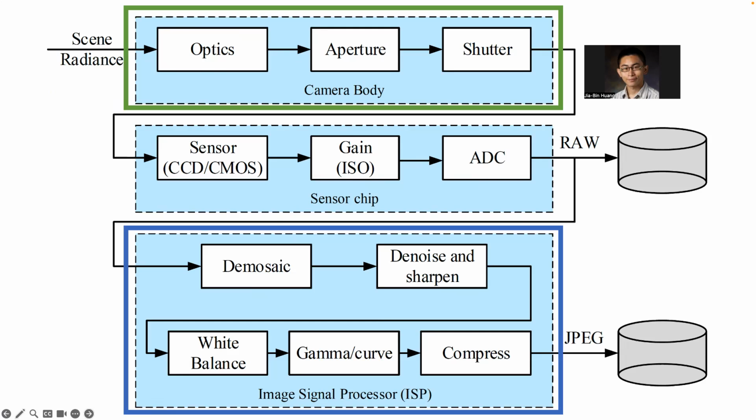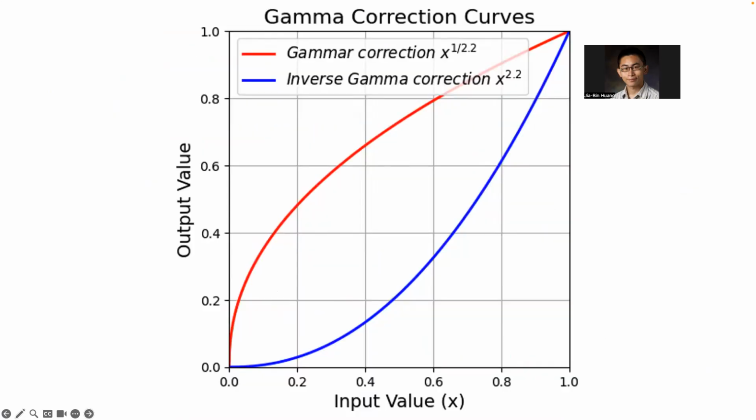Most cameras have what's called a camera response curve, or people call it gamma correction. If you purchase a display, they will tell you what the gamma correction is. So the correction basically looks like this. You have some input values, which is the intensity of the light.